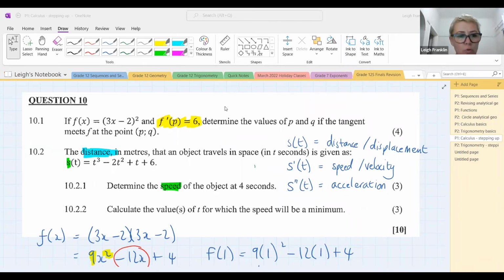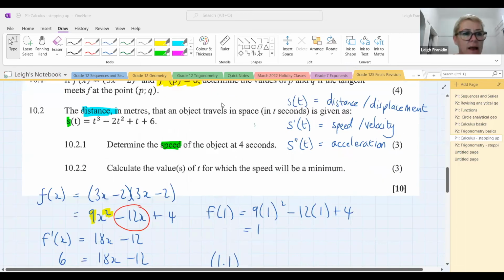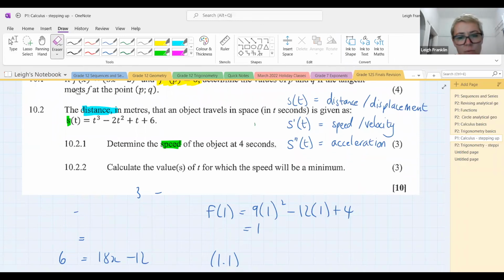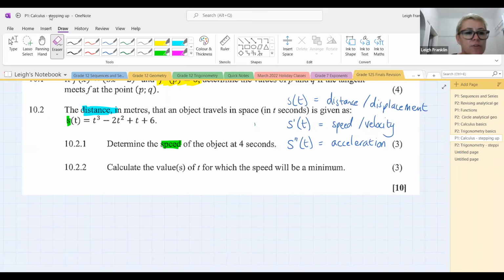For anybody who wasn't able to do that, I'm going to do it quickly, and then we can move on to the next question, just so that we've been thorough. We are taking the first derivative. So s prime t gives us 3t squared minus 4t plus 1.